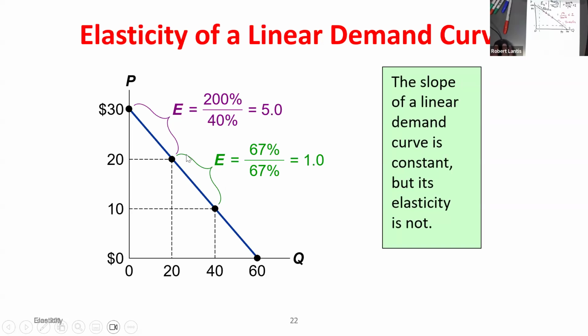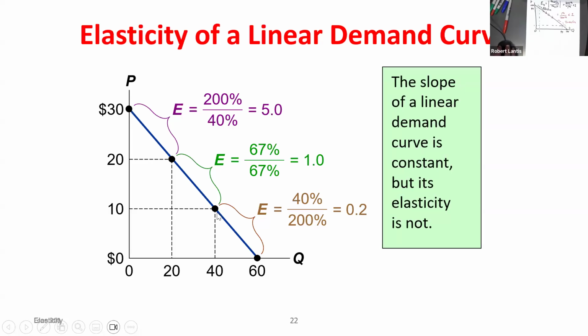So for the middle portion of my demand curve, demand becomes unit elastic. And then if I move from a price of 10 to 0, the percentage change in my price is 200%, and the percent change in the quantity demanded is 40%. Now I've got demand that's inelastic. Okay. So for any demand curve, you can use the values.